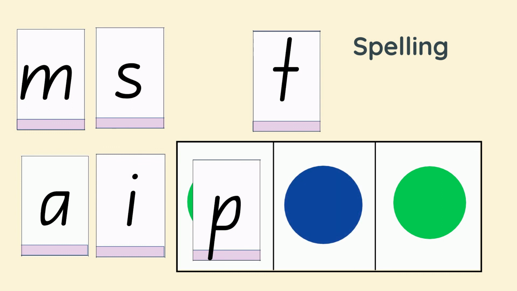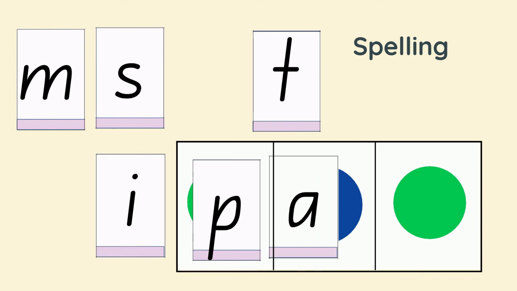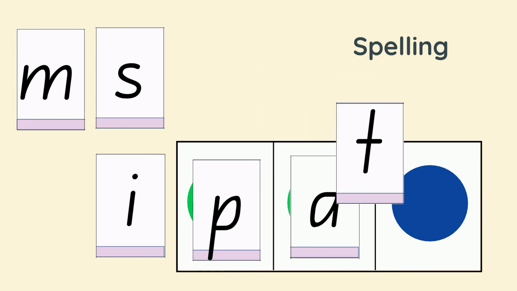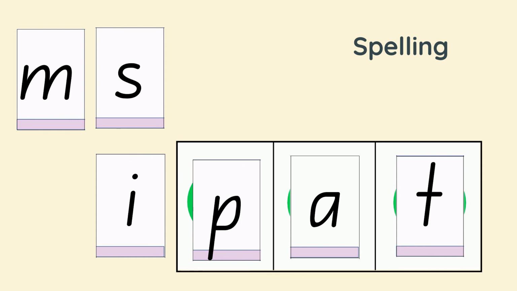The next sound is A. Which letter represents A? It's the vowel A. P, A, t. The last sound is T. Which letter represents T? The letter T. The letters P, A, T spell the word pat.